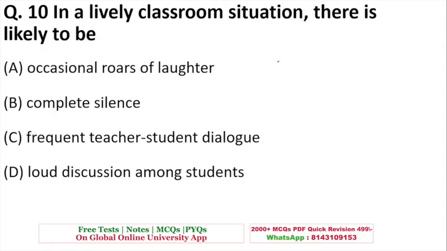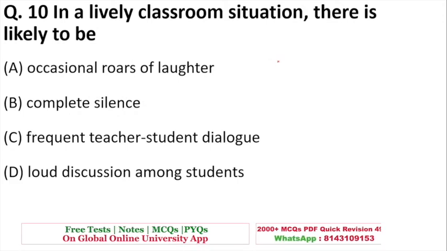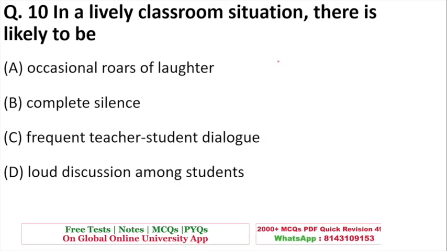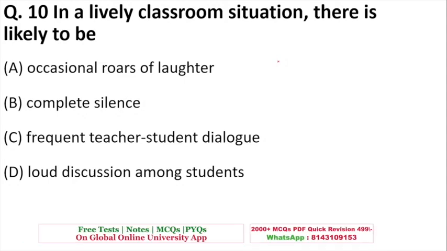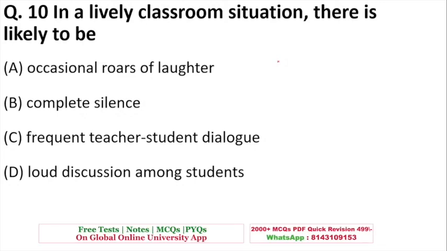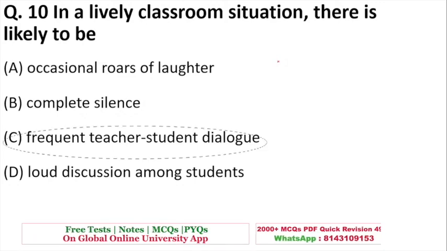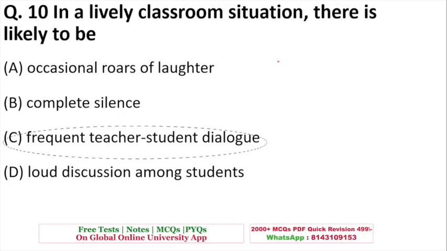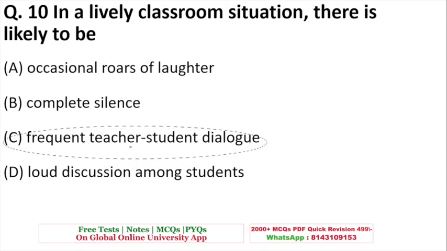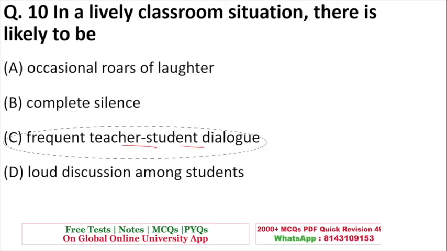In a lively classroom situation, there is likely to be. So if you call a classroom lively, how should it be? A classroom situation is called lively if there is frequent teacher student dialogue. In many of the questions, this has come up: teacher student interaction or dialogue.